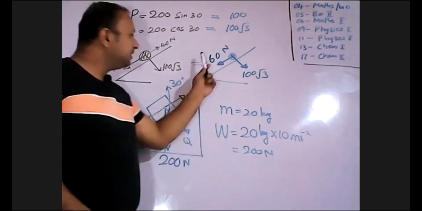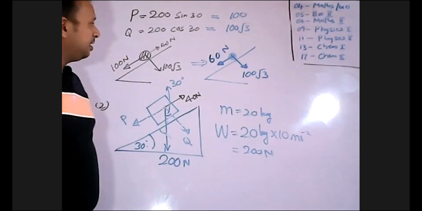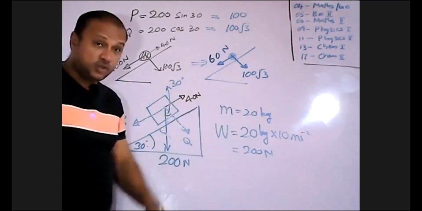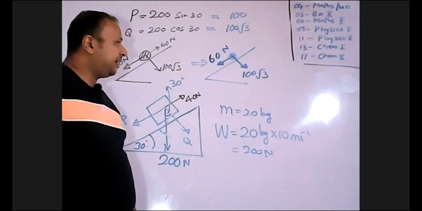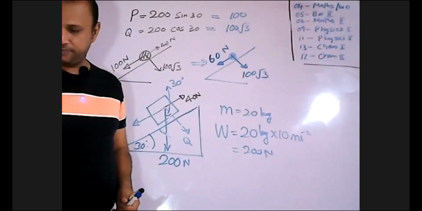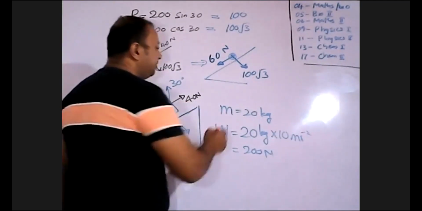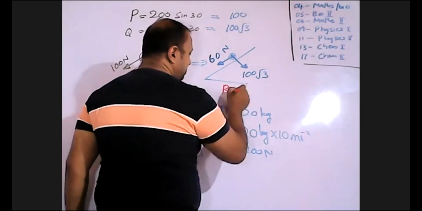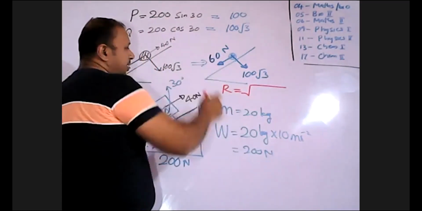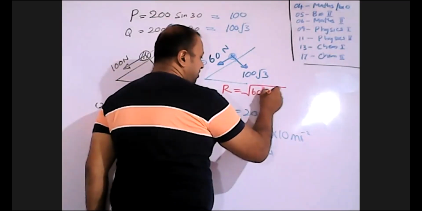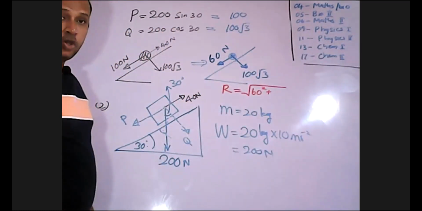So you can take the resultant of these two. How to take the resultant? Square root of P squared plus Q squared, because they are perpendicular to each other. Therefore, the resultant force is equal to the square root of 60 squared plus 100 squared into 3.